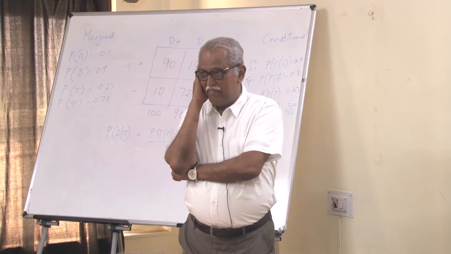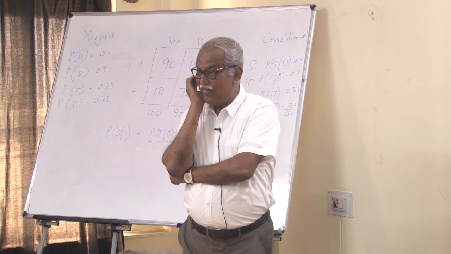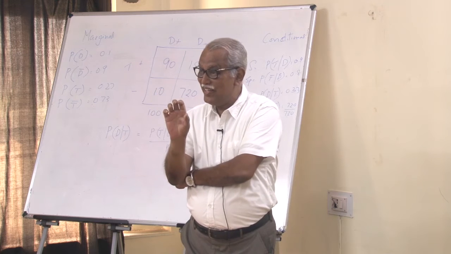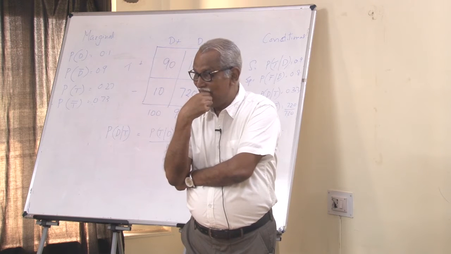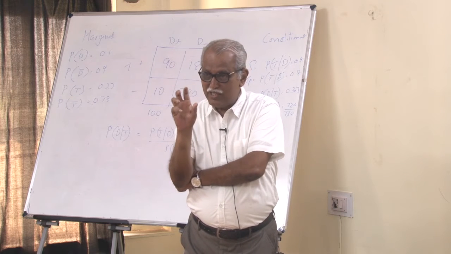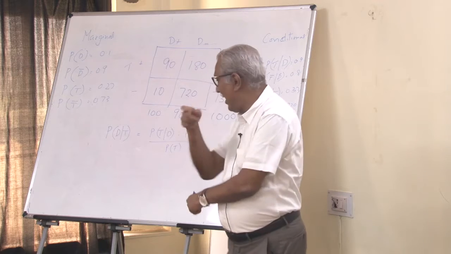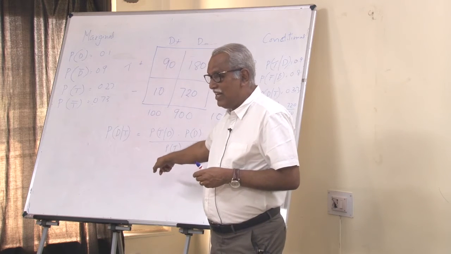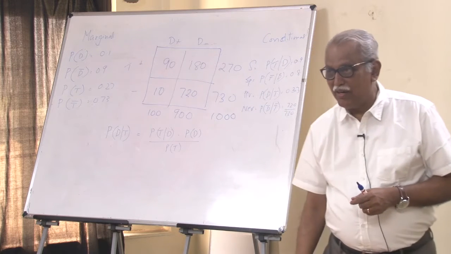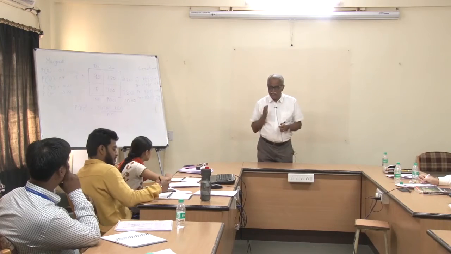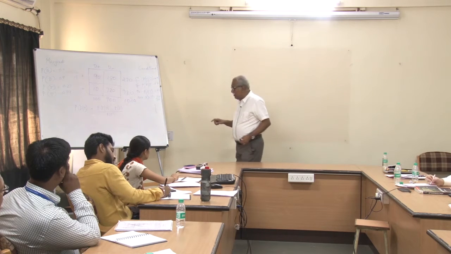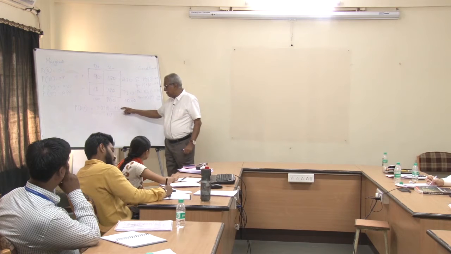But then that doesn't help me. What do I want to know? I want the other way around. Probability of heart disease given smoking. Because that will tell me, is smoking a risk factor? To get that switch, I can use this equation. That's why Bayes' theorem became extremely popular, because it deals with a conditional probability, and you can calculate the mirror image provided you know this and this.